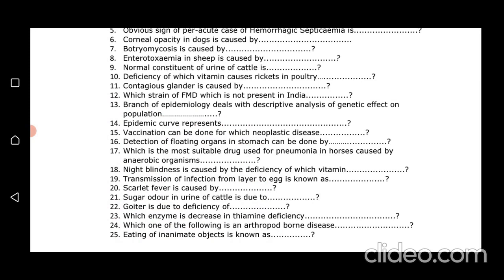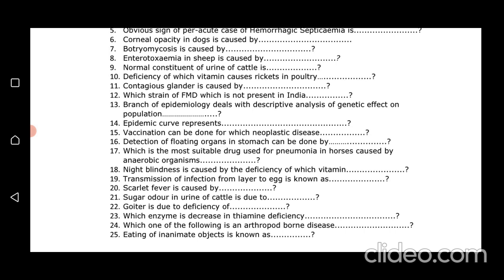Detection of floating organs in stomach can be done by ballottement. Which is the most suitable drug for pneumonia in horses caused by anaerobic organisms? Metronidazole.